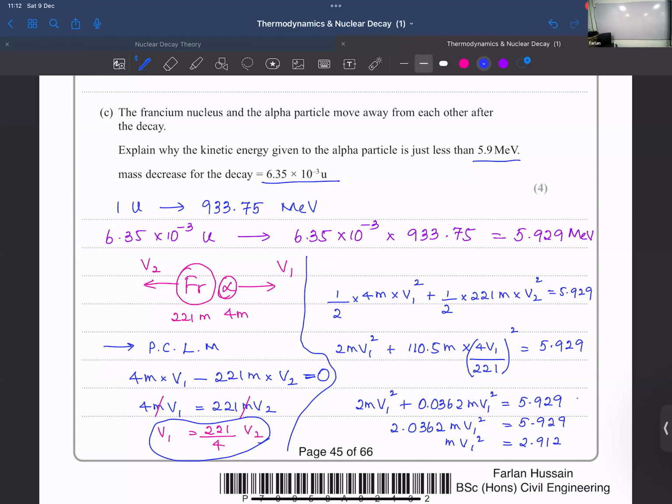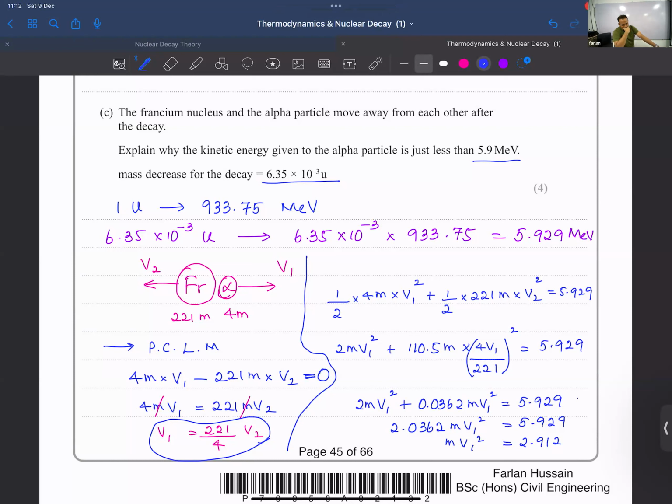Excuse me, sir. Yes. Sir, to convert joules into electron volts, do you multiply or divide? You need to convert joules to electron volts, you need to divide by 1.6 into 10 to the minus 19.